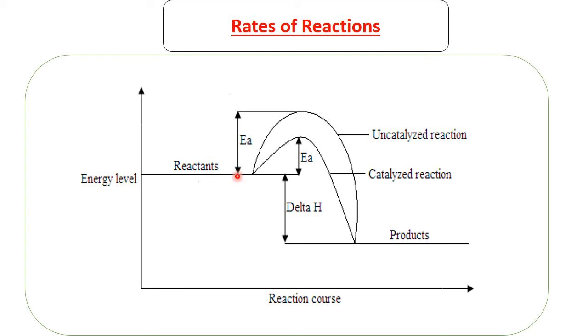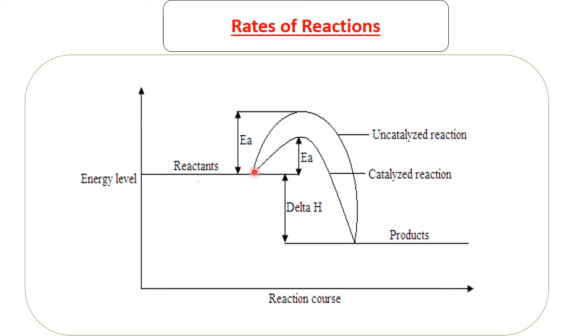For this reaction to occur, these reactants need to gain this activation energy. So maybe this is 80 joules. So they need 40 more joules for them to react. They need this activation energy, which is the 40 joules more, for them to react and then produce the product.